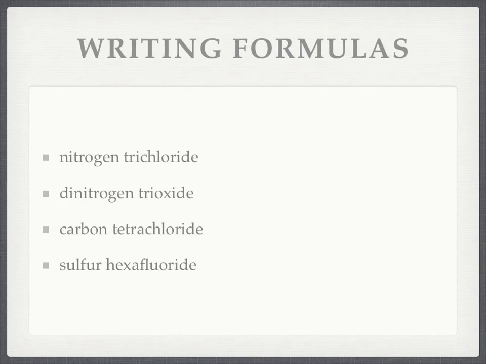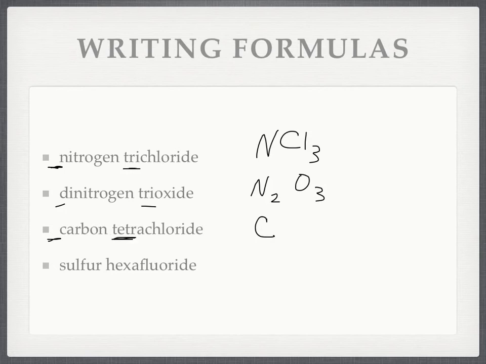Alright, let's talk about writing formulas. This is actually easier because they tell you how many there are. If there's no prefix, that's a mono. Here it tells you the prefix, so you just look at what it is. It's nitrogen, there's 1. Tri means there are 3 Cl. Then dinitrogen trioxide: now we know there are 2 nitrogens and 3 oxygens. Carbon tetrachloride: if there's nothing, it's 1.